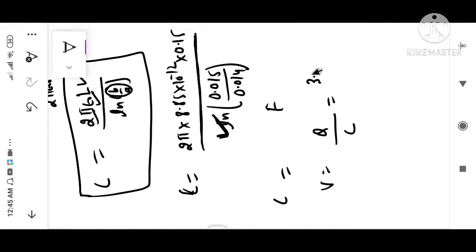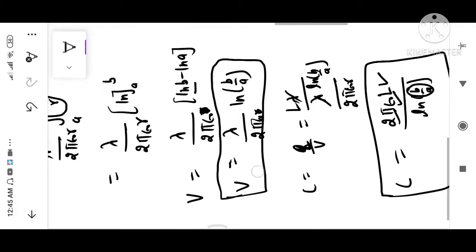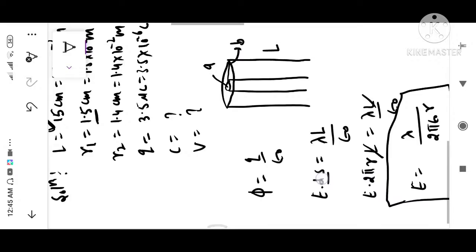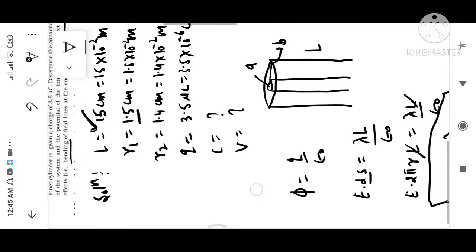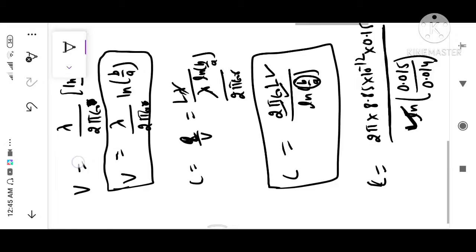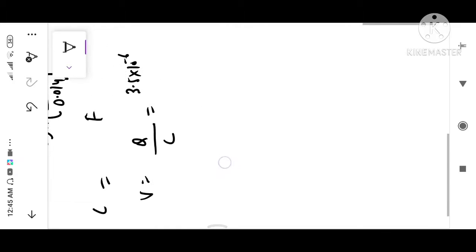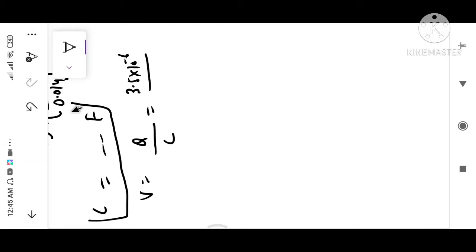Let me see what it is given. Yes, it is 3.5 microcoulomb. So you can put the value here, microcoulomb divided by the value of C you have to put from here. You already got this value. So put the value of C. You will get it in volt.